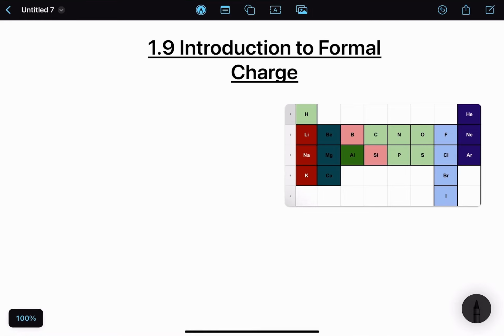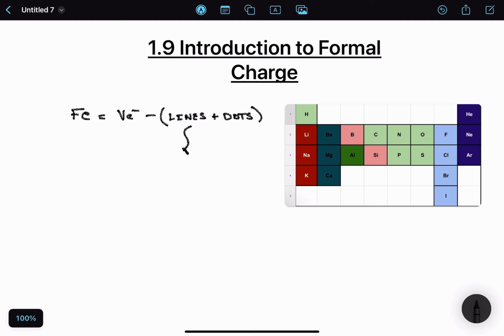Today we're going to go over the introduction to formal charges. And so the formal charge equation: formal charge equals number of valence electrons of that atom minus the lines plus the dots.